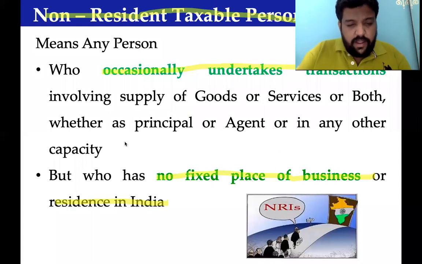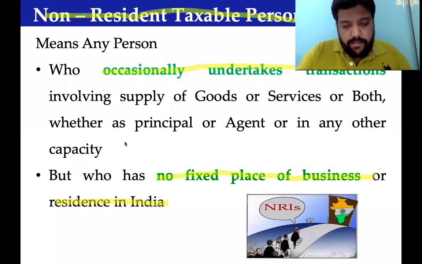Her usual place of business and residence is in Andhra Pradesh.